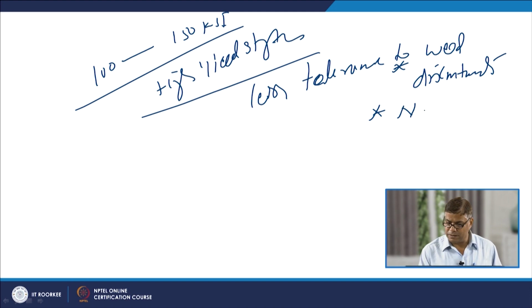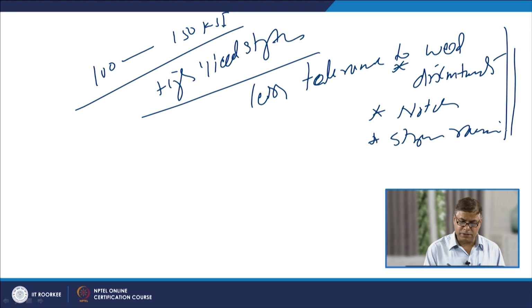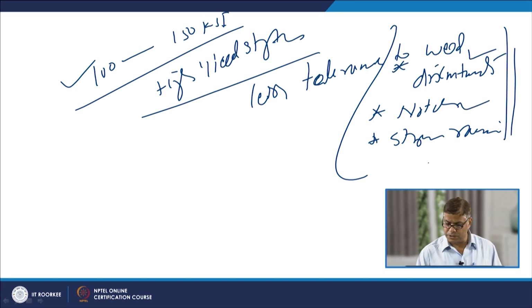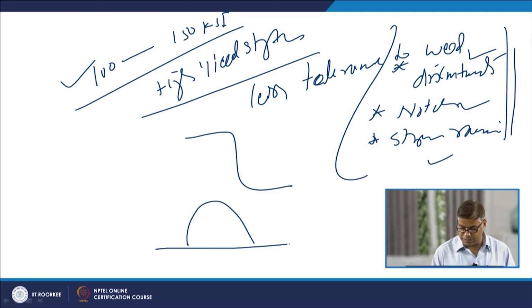So, stress notches, all stress raisers. The failure of the weldments of the chromium molybdenum steels of high yield strength is significantly promoted by the discontinuities, notches and all stress raisers in whatever form they are there, like a sharp change in cross section or very high stress concentration at the toe of the weld. So, all these will promote the crack nucleation as well as their growth if these discontinuities are present.